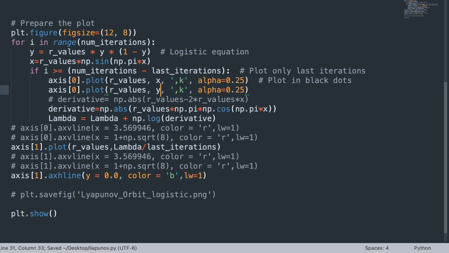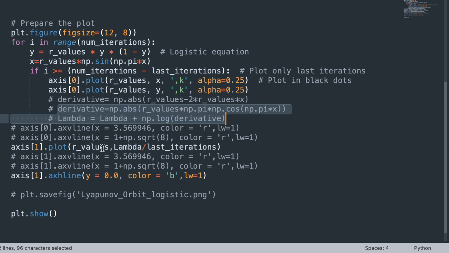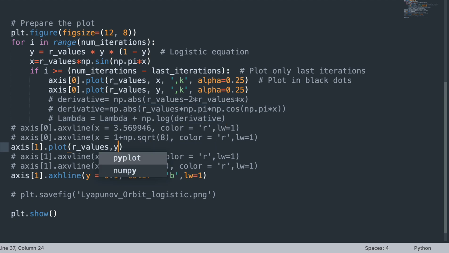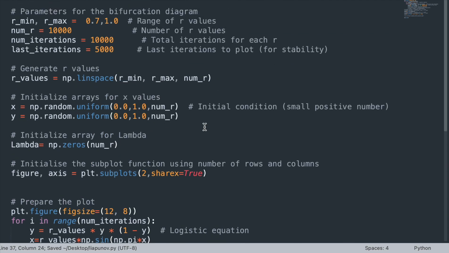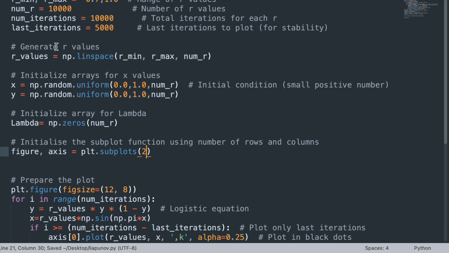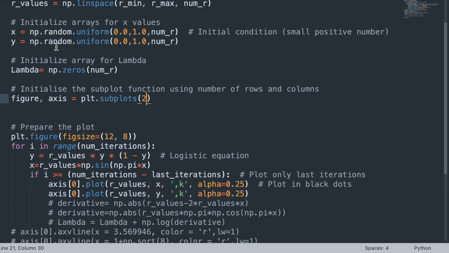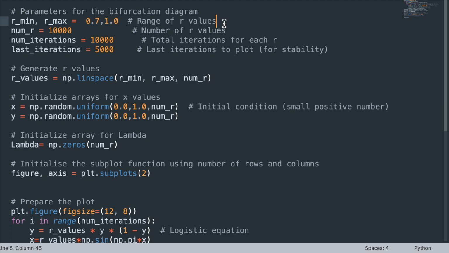In the below panel I will draw the orbit diagram for the logistic equation. Let me not share. Okay, let me do another thing.